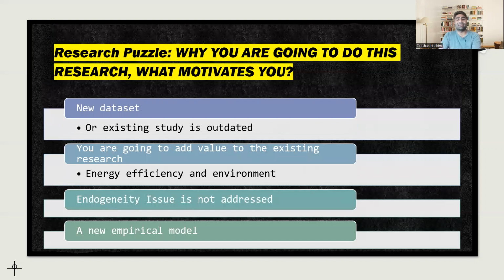Another source is that a new data set has emerged. For example, recently I applied a data set about disasters in different countries, and I noticed that in migration studies that data set has not been used. So I'm going to apply it and find out whether using the new data set provides the same results as the existing studies.